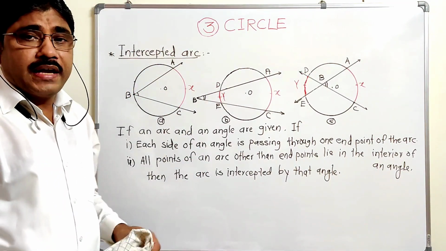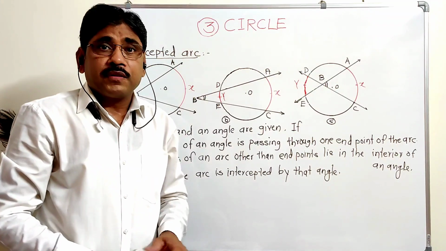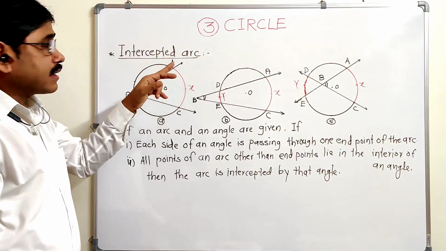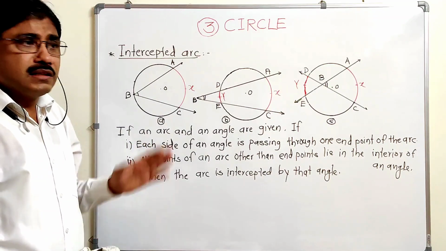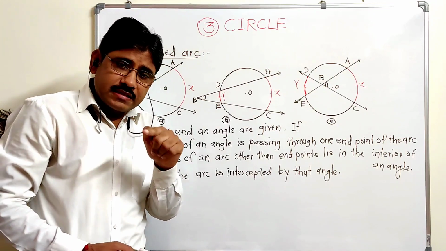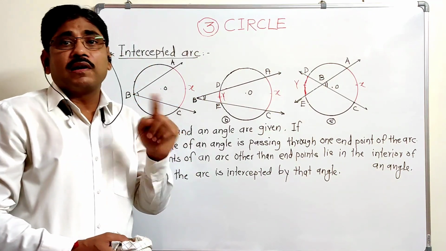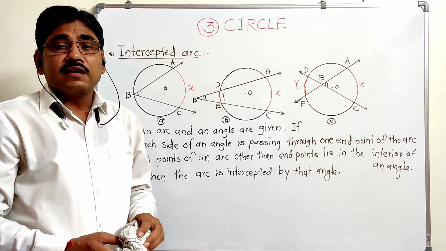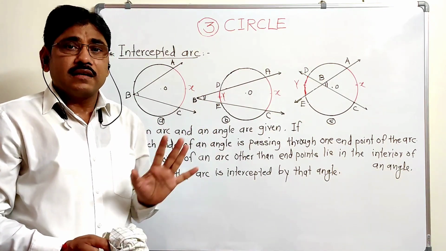Now we have to study the relations between angle ABC and the arc intercepted by it in these three situations: if the vertex is on the circle, if the vertex is in the exterior of the circle, and if the vertex is in the circle. So these are the three relations.